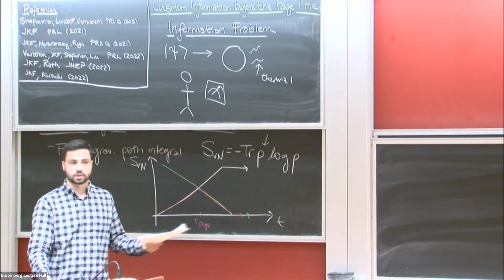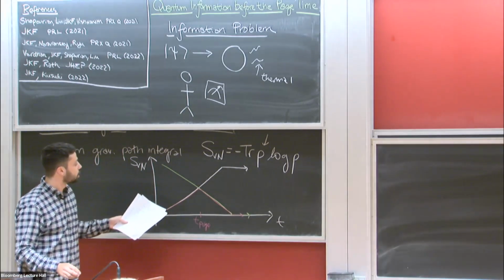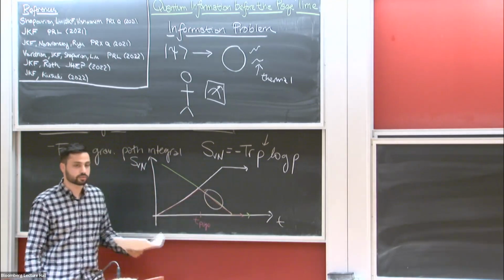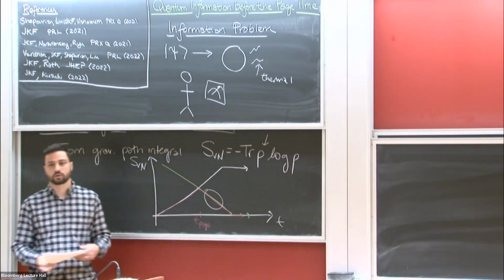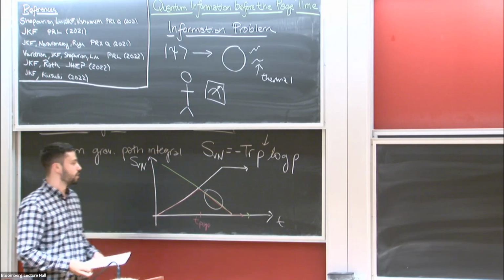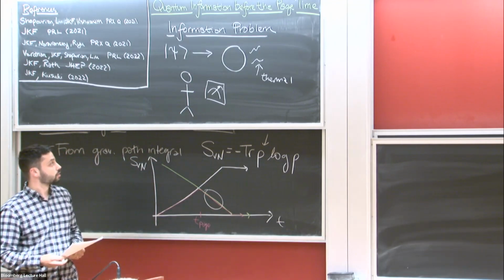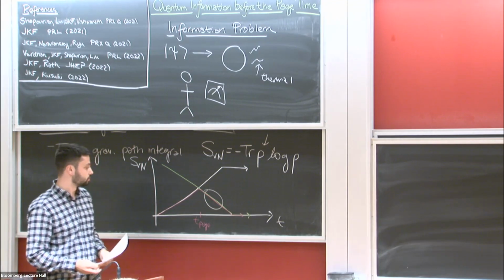So clearly from these computations, at this late time, after the Page time, your state no longer looks thermal, and there are large corrections to the idea that the Hawking radiation is perfectly thermal.